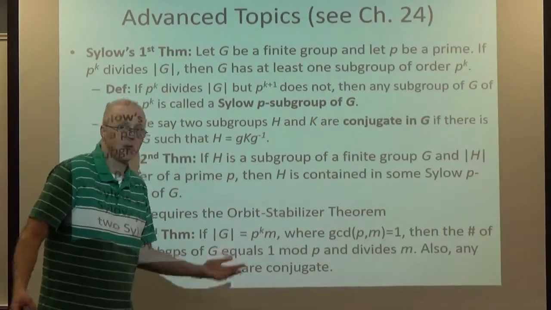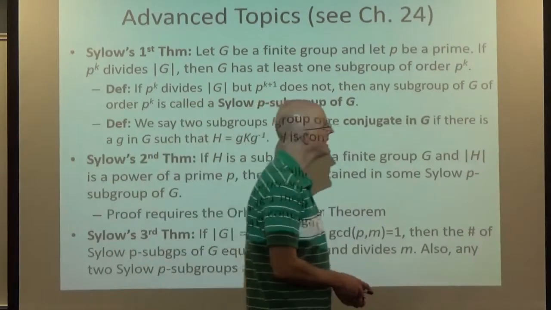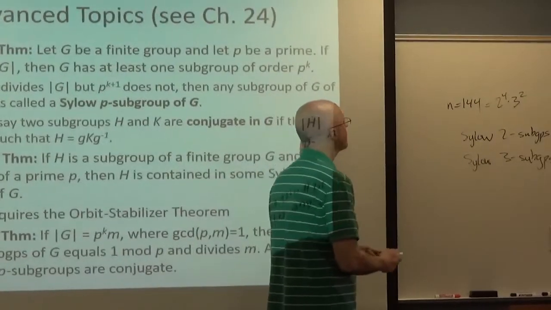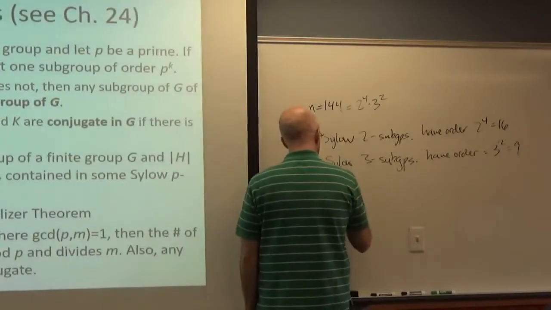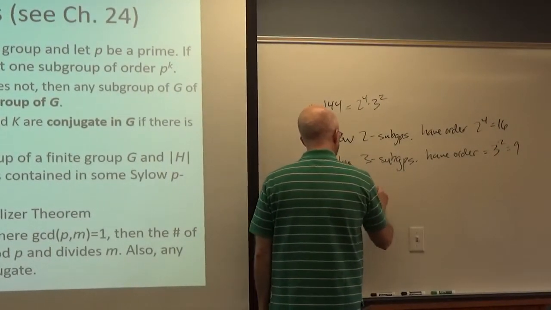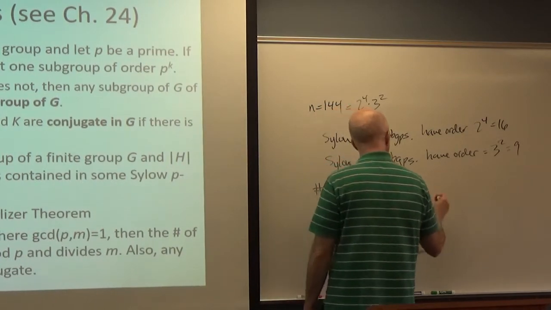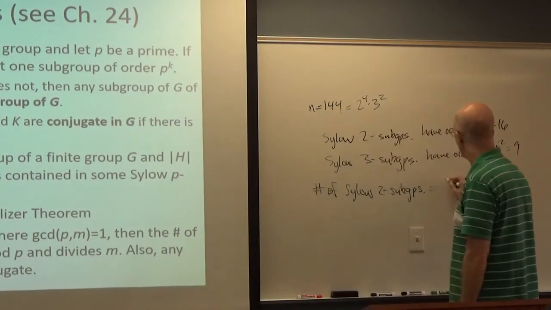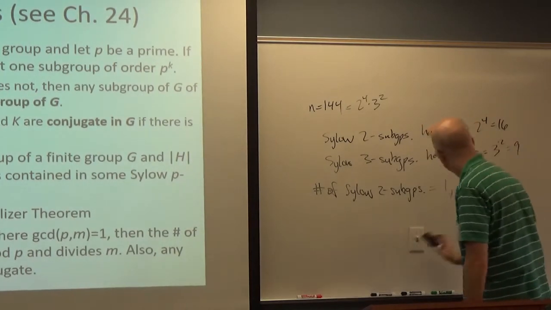So it would be an odd number. And it would have to divide m, it would have to divide 9. So the number of Sylow 2 subgroups equals either 1 or 3 or 9.